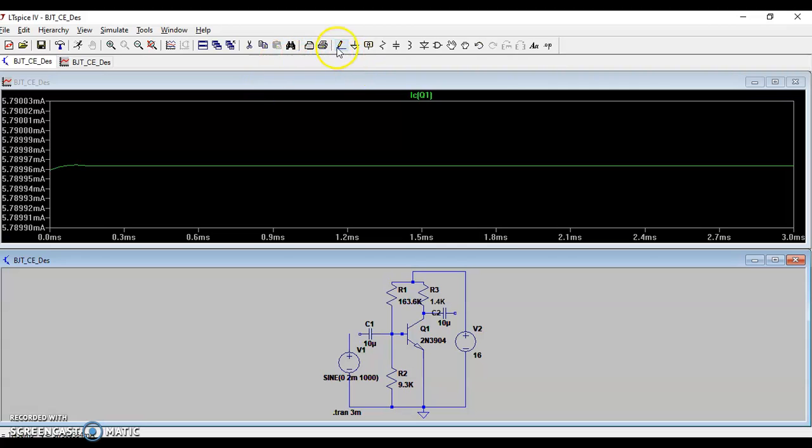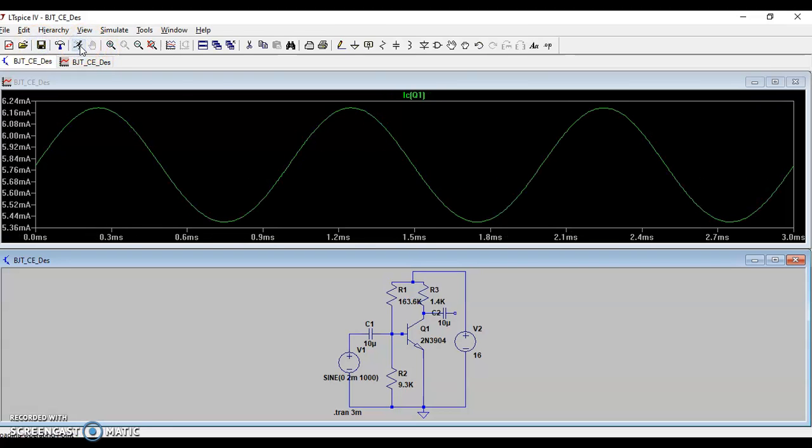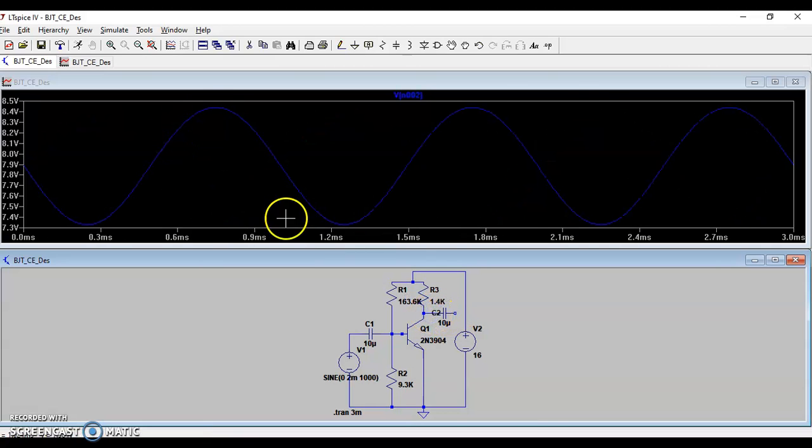So how about the AC signal? We are applying a 2 millivolt, 1 kilohertz signal, and let's see what is going on. This is the collector current. We actually want to see the total voltage. Look, we had DC VCE of 7.85 theoretically and 7.89 practically here, in simulation, right? So your AC is fluctuating about that DC value, right?